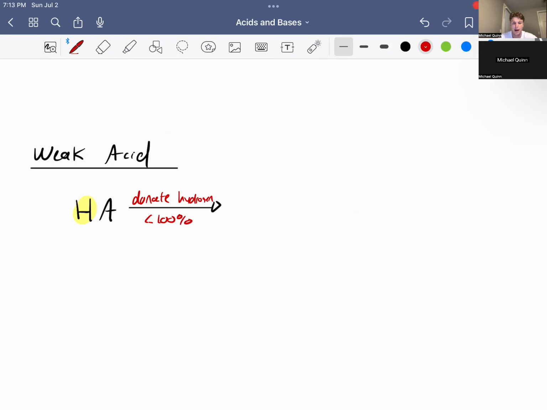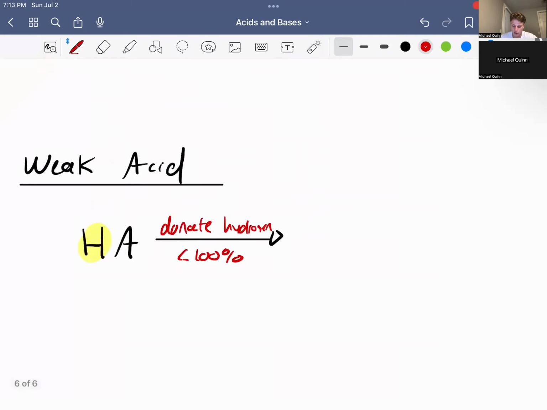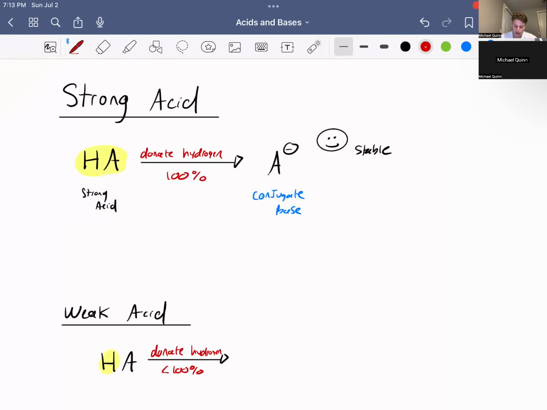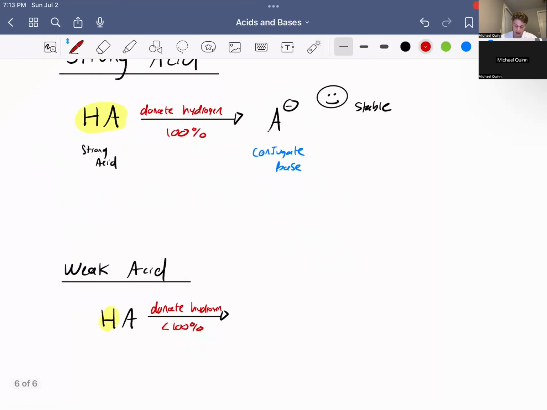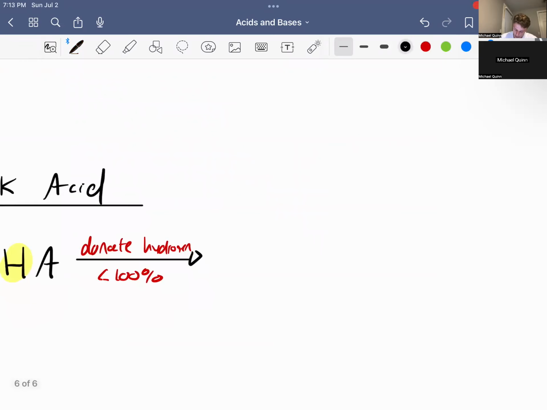And as we saw before, it is much less than 100%. So why is there a discrepancy between a strong acid and a weak acid in terms of donating its hydrogen? Well, the conjugate base that the weak acid will form is not as stable.